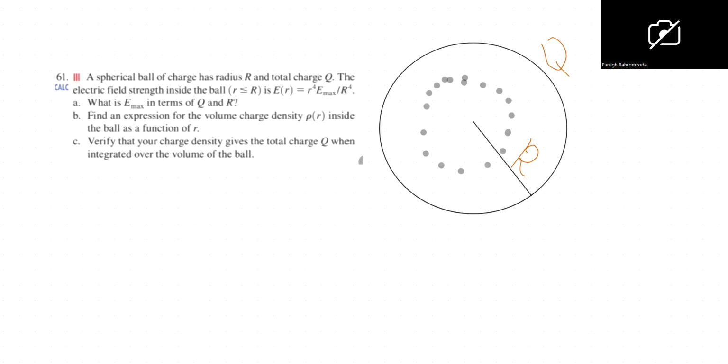So this is our spherical Gaussian surface, and it has radius r. Let's start solving the questions.